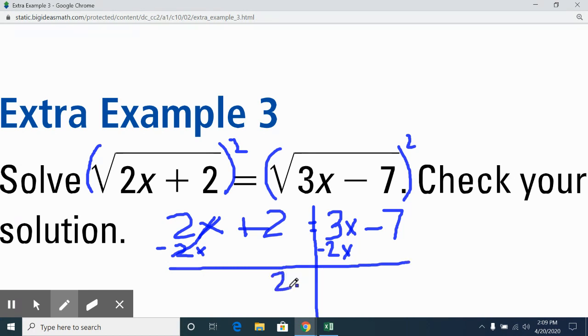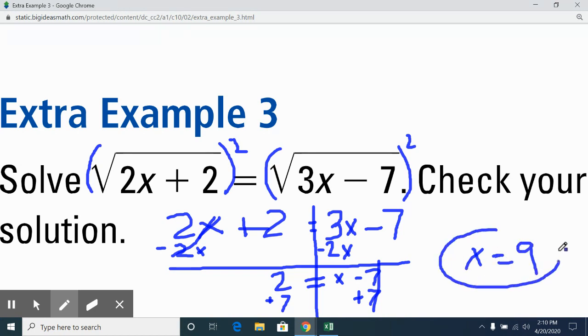That leaves me 2 over here equals 3x minus 2x gives me just x minus 7. If I want to solve completely now, I want to isolate x, I'm going to add 7 to both sides, which is going to give me x equals 9.